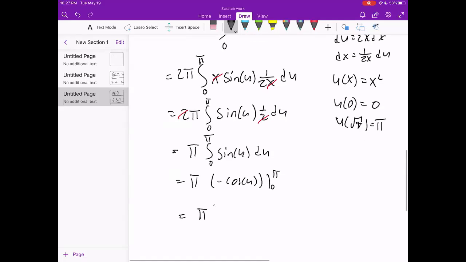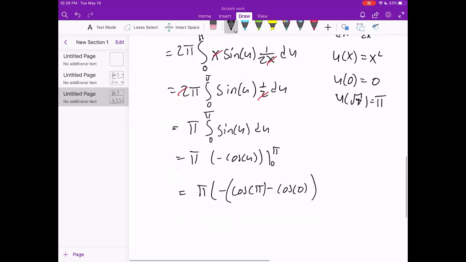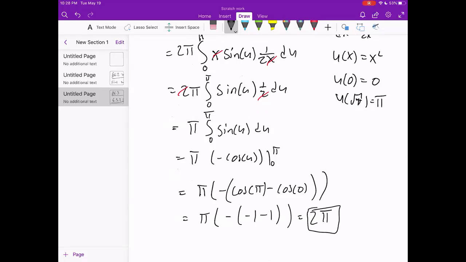So this is pi times negative cosine of pi minus negative cosine of 0. Negative cosine of pi is 1, and cosine of 0 is 1, so this is 2 pi, it looks like. And that's the shell method.